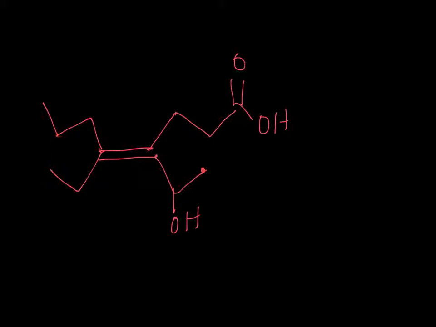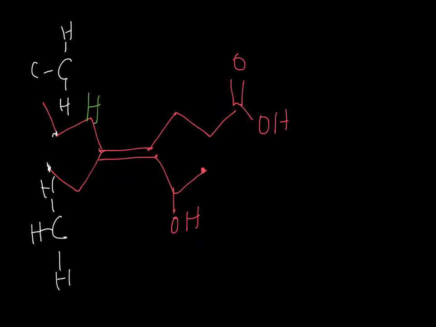So this one, if I draw it out a little differently, it's going to look like this. But this carbon right here is touching a hydrogen and a carbon, whereas its counterpart there is touching just three hydrogens. So that third hydrogen is a lower priority than the third carbon. And so that's why this gets the high priority and this one gets the low.